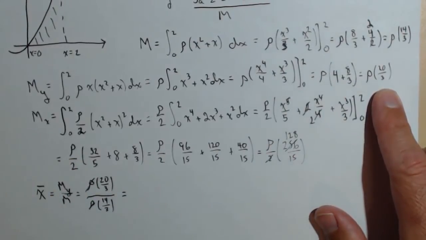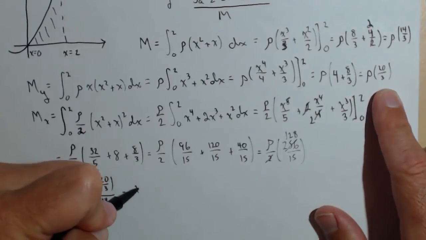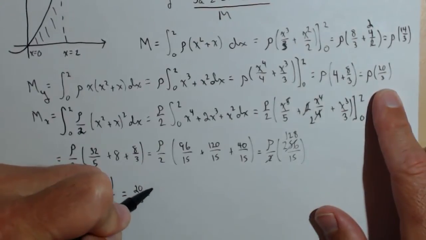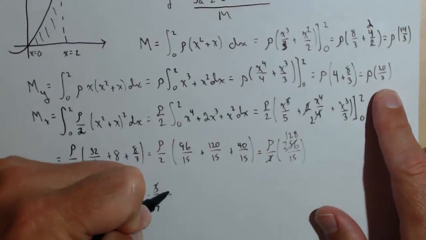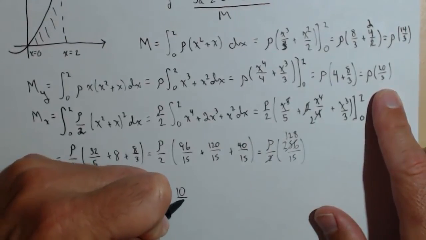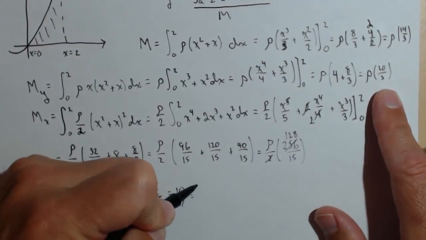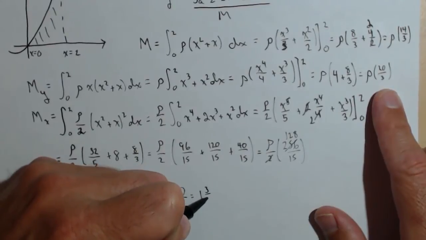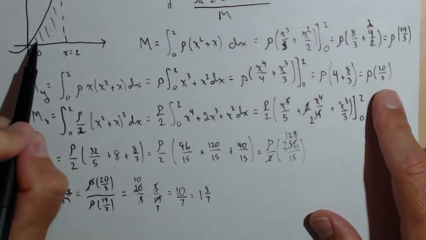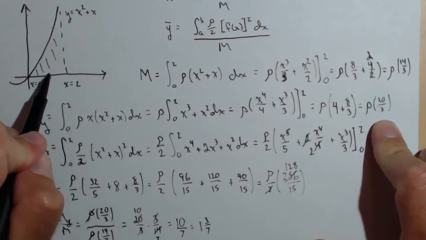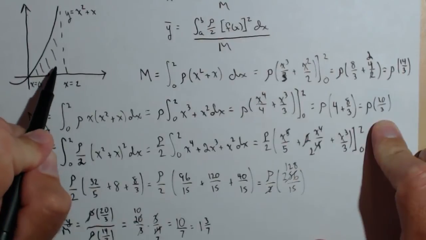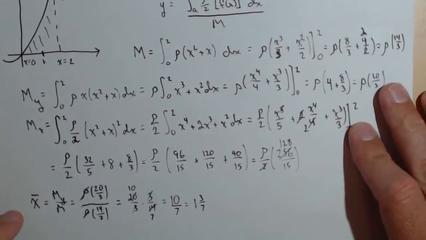The rhos cancel, and we flip and multiply, so we have 20 thirds times 3 over 14. The 3s cancel. We can reduce this by 2, and we get 10 sevenths for our x bar, about 1 3/7. If we look, we have more of the plate over here, so it makes sense that x bar is larger than 1 and smaller than 2. We like that. That number makes sense to us.